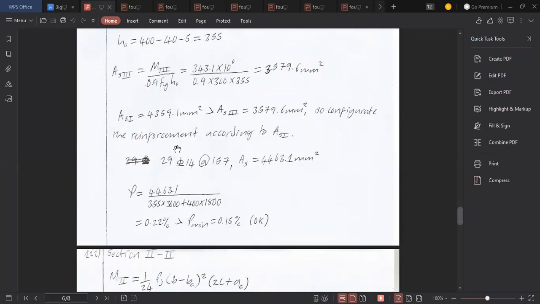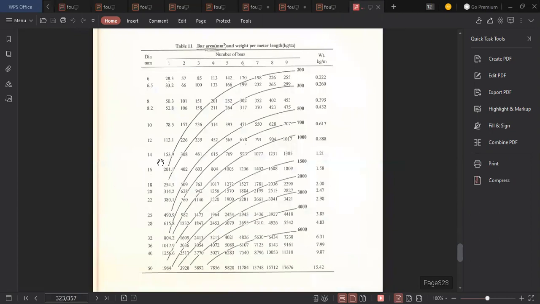Or let me use 14 so that you can know how she got this same value. Let's see what's the first value in the table for 14. It's 153.9.